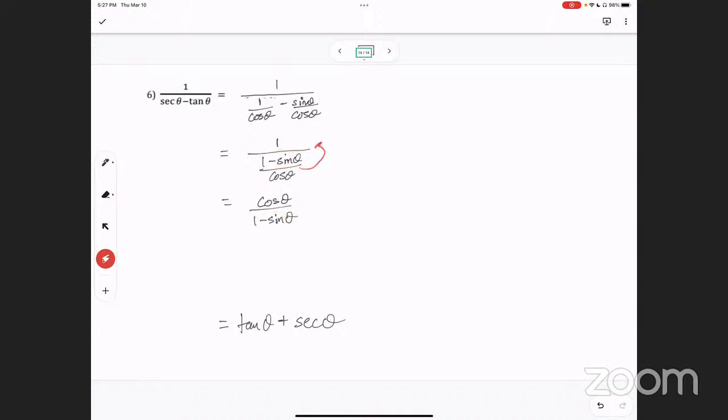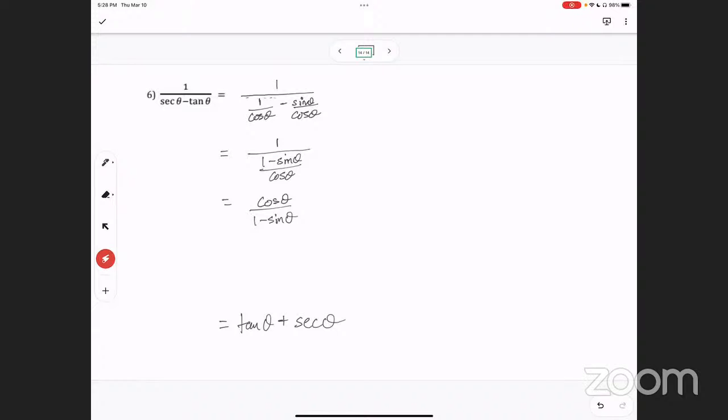So I just multiplied by the reciprocal. I don't have to write the 1 anymore. Gotcha.